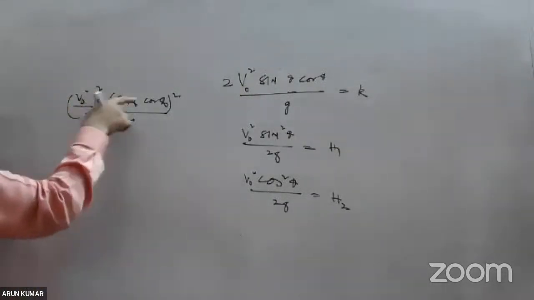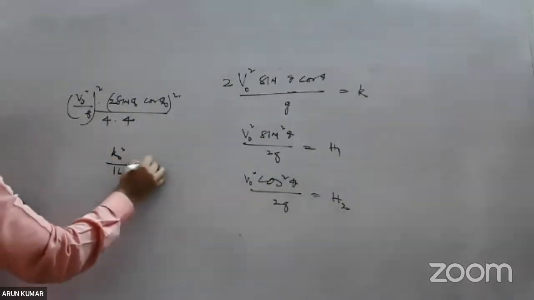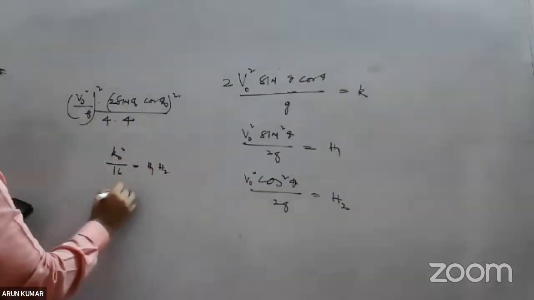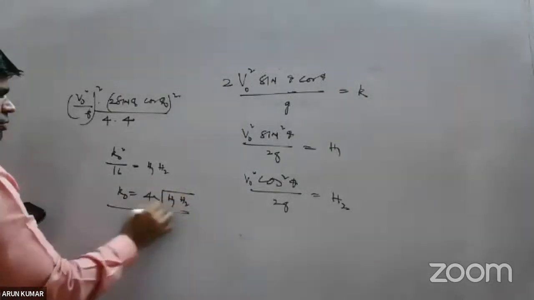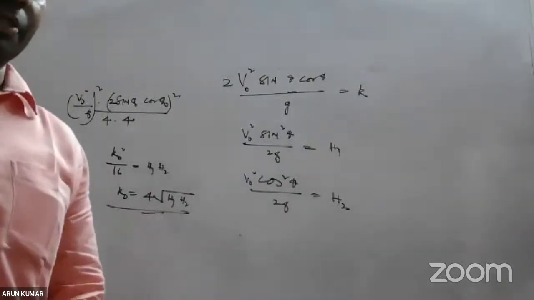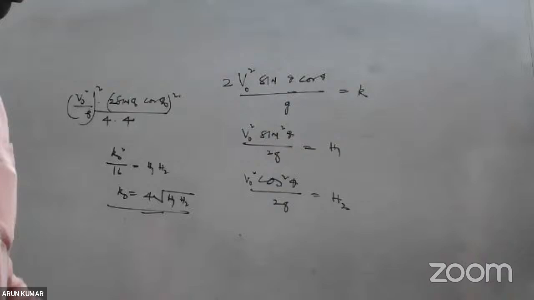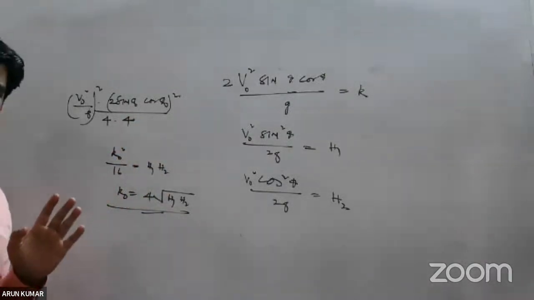So V square by G becomes R square, sorry. R square by 16 is equal to H1 H2. So R is equal to 4 root H1 H2. All right, just a basic algebraic, trigonometric manipulation. No physics in it. Just basic manipulation.